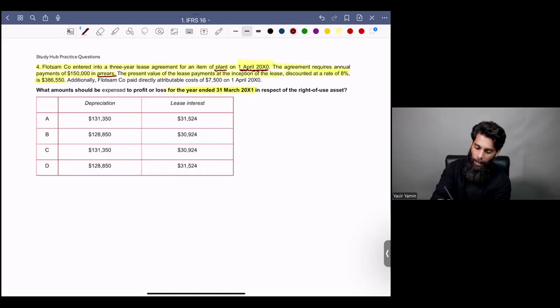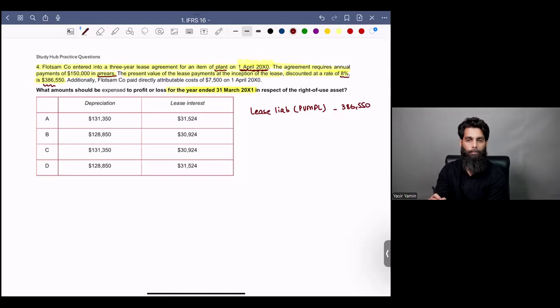Your examiner is saying that we have calculated the lease liability, which is the present value of minimum lease payments, at the rate of 8%, and this seems to be 386,550. Make sense? Then your examiner says, additionally, Flotsam paid directly attributable cost of 7,500 on 1st April X0. My question: should lease liability and right-of-use asset be measured at the same amount?